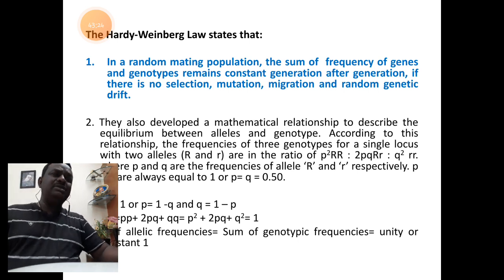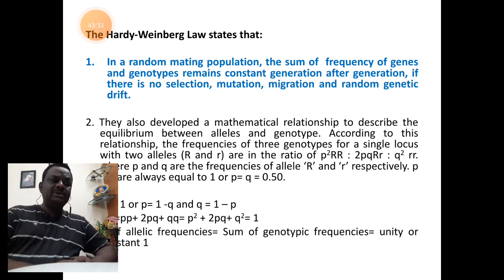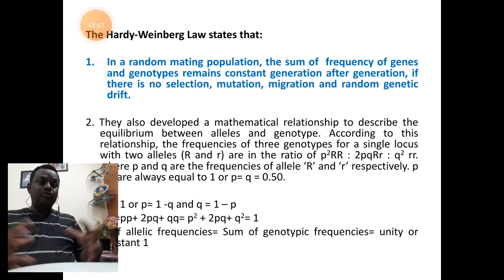So this is what the law says. Students, this law is very important from the examination point of view. Just now we have learned the sum of allelic frequency and genotypic frequency of a given population remains constant, equal to 1, if there is no action of all these forces.